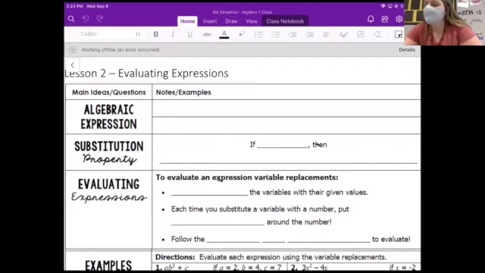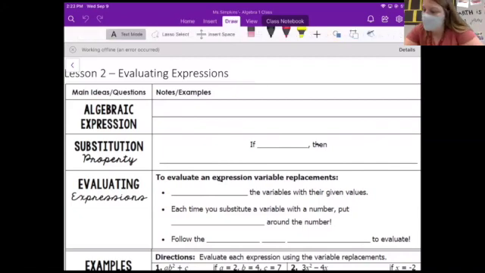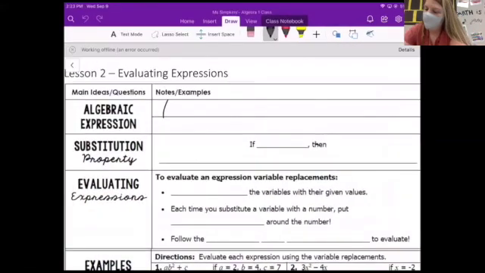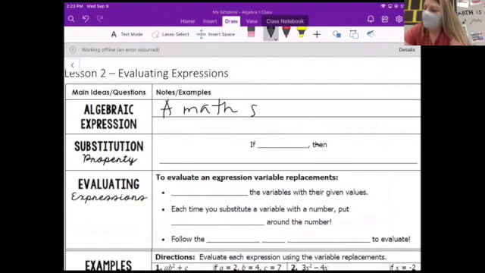So if we're going to define an expression, I'm going to call it a math sentence, and I'm terrible at spelling sentence, right? It'll get up there in a second.